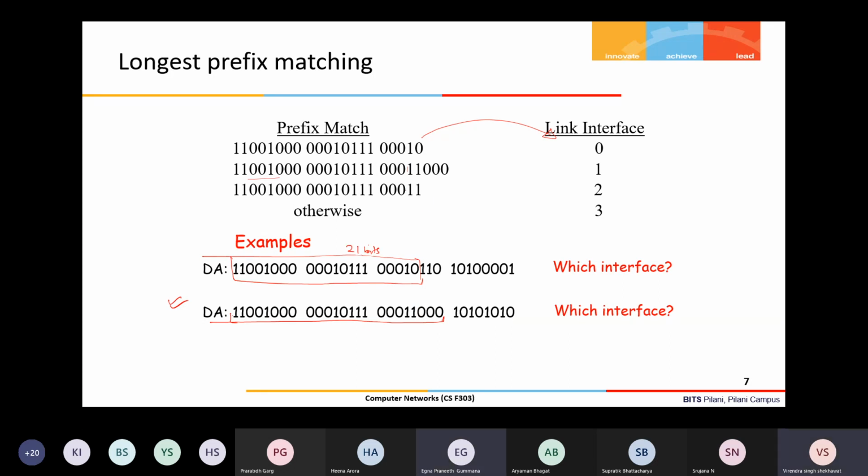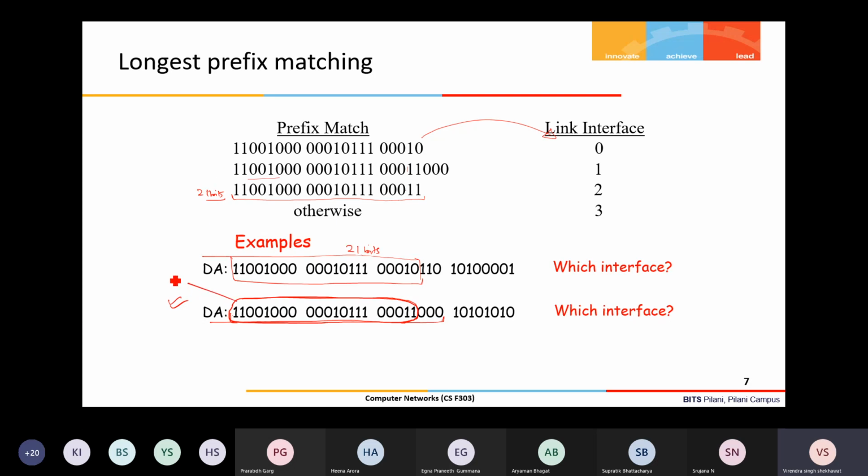No, see, if interface 2 is something like this, interface 2 has a 21-bit prefix, and if I take the leftmost 21 bits of my destination address, which is up to here, correct? That is also matching. So basically it is matching with two prefixes, right?